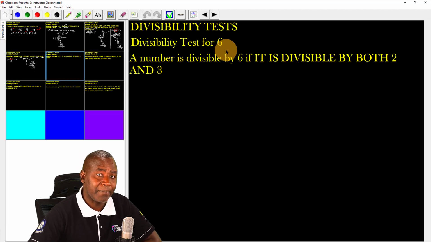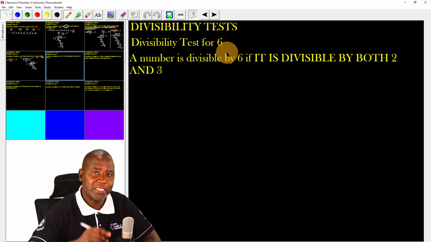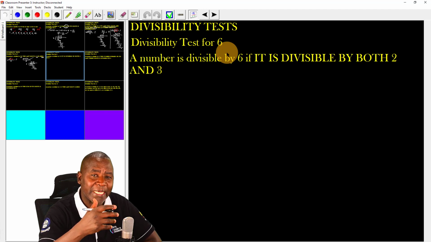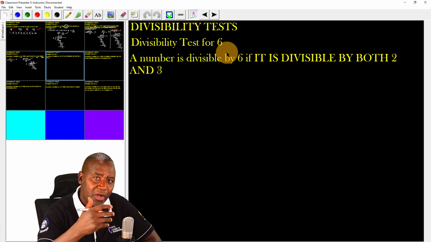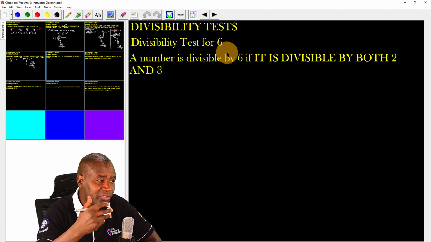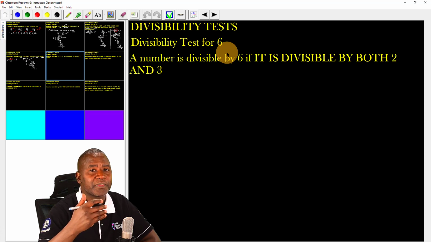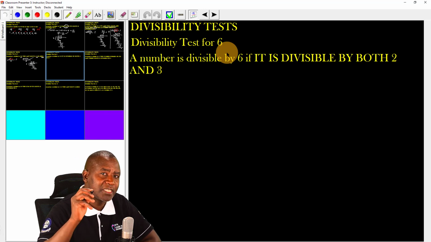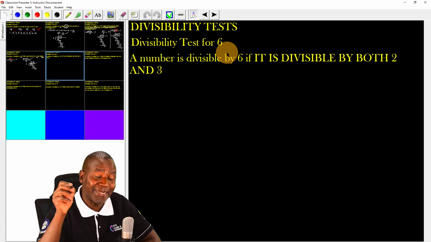Divisibility test for number 6. How do we know that a number is divisible by 6? If it's divisible by 6, then it must be divisible by both 2 and 3.